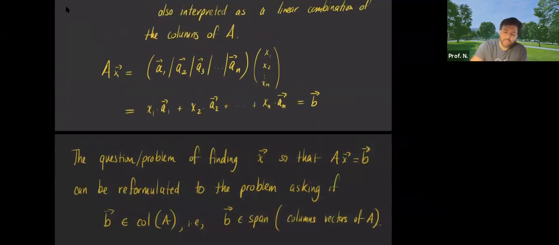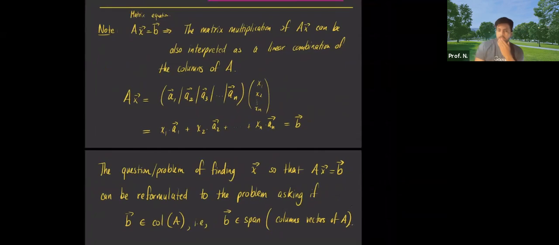Any questions about this? This is very important to make that connection. The column space of A is the span of the column vectors of A. And the question AX equals B is asking whether or not B is in the column space of the matrix A. And if it is, then it can be written as a linear combination of those column vectors of A. So it's not simply, let's find X by multiplying by A inverse on both sides and move on with our lives.